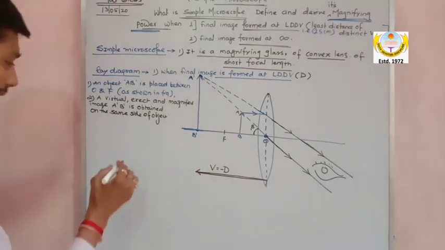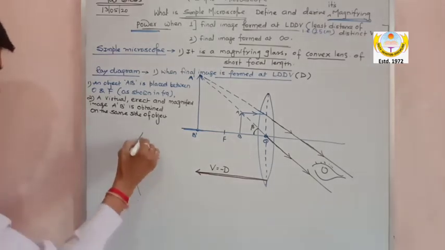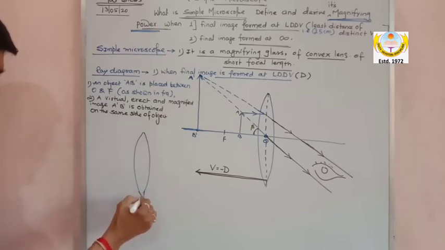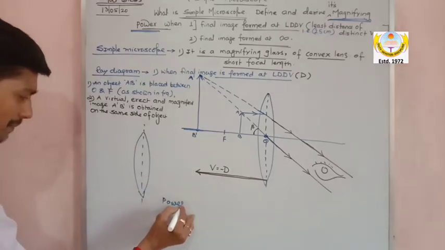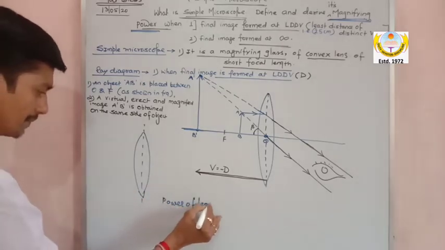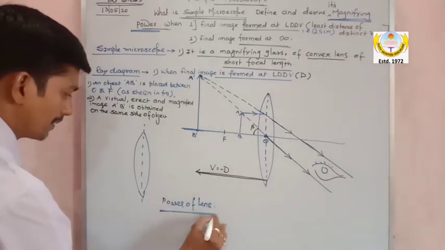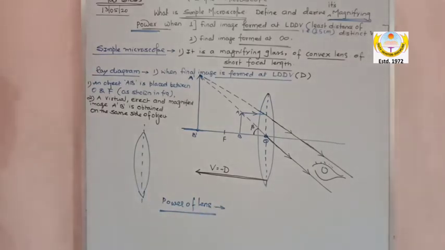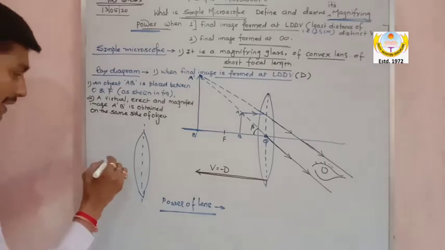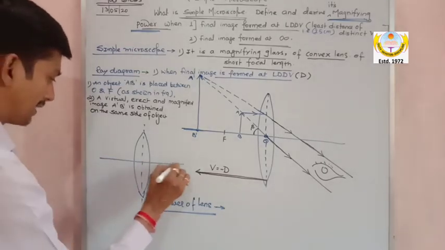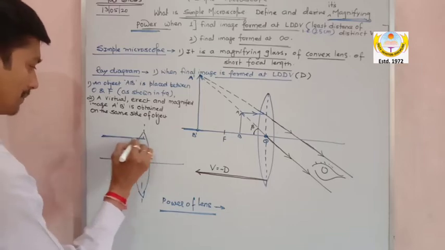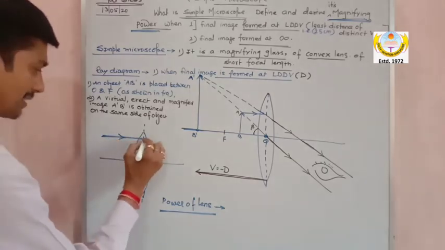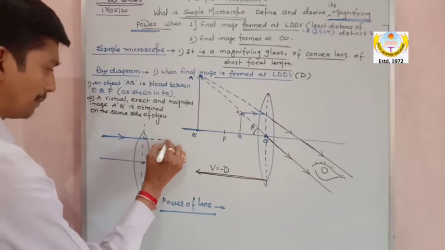If you remember, I have taught you that power of lens is nothing but, Chaube sir, if this is a convex lens, try to understand. I am giving you a small concept about the power of lens. Suppose this is an optical center and this is the parallel beam of light, and this is the actual path of the parallel beam of light.